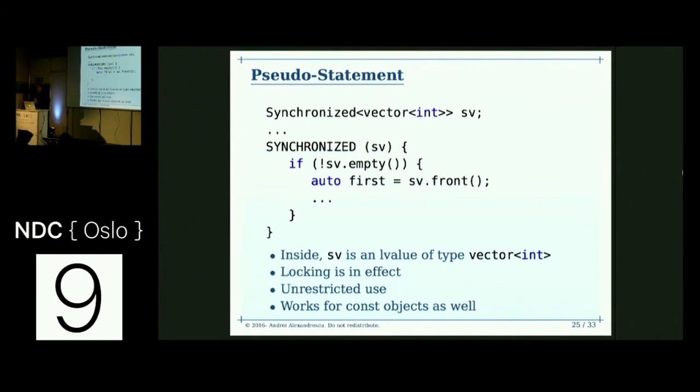Instead of a magic macro, would it be possible to have just an acquire call in the synchronized object, which returns a reference to the mutex, and then you could use a proper lock or shared lock, and it would be more obvious to the reader what is happening? Can you use an acquire method in the object that returns a lock? No, a reference to the mutex inside the synchronized object. Well, I've got to take this offline because I'm not sure I understand how this would work. So instead of the arrow, there would be an explicit call?